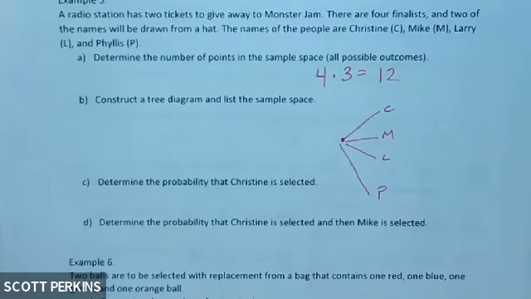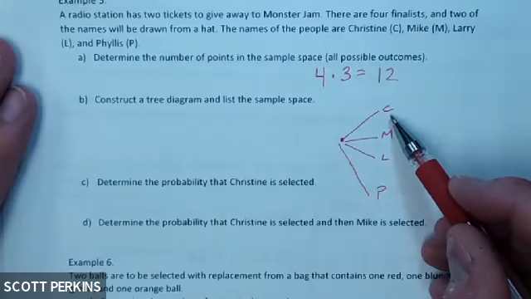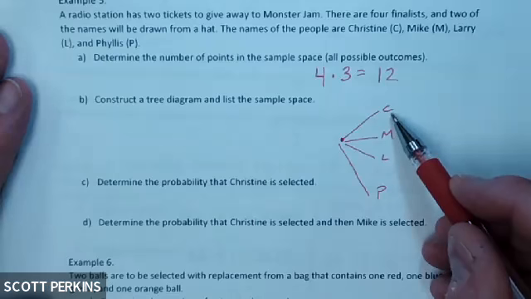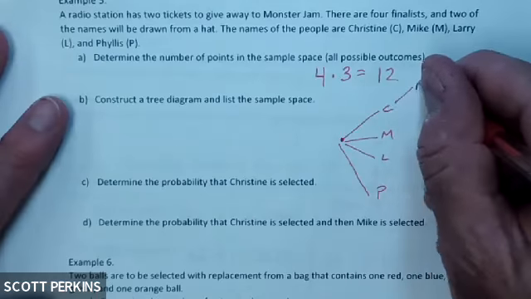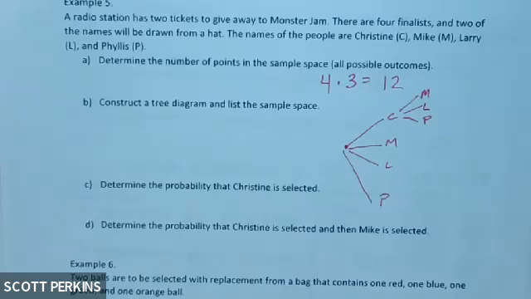Great. Now let's be careful and remember that we're doing this without replacement, right? So if Christine wins the first time around, what are the possible options for my branches for the second time? Yep, M, L, and P. Notice Christine can't win twice.